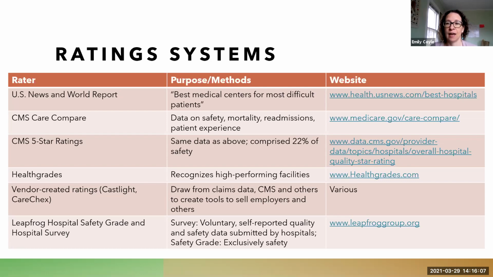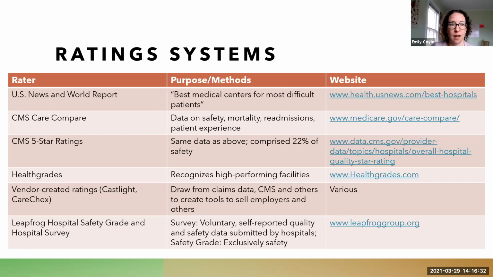Healthgrades publishes several lists of top 50, 100, 200 hospitals for various areas of care. They run their own data analysis rather than using publicly available data. They don't collect data from hospitals. And then they also really only recognize high-performing facilities, so you may not be able to get information on every facility that you're interested in.